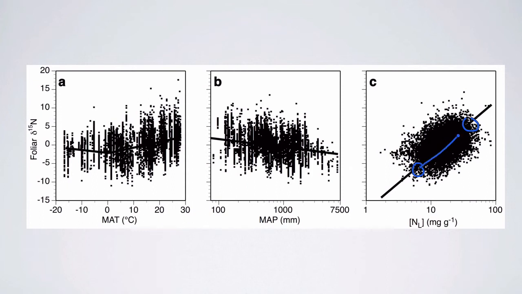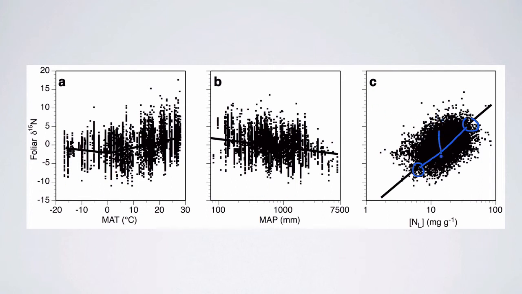What this means is that the nitrogen concentration of a plant is a pretty good indication, all other things equal, of availability. High nitrogen availability systems had high N concentrations and also high N15, and vice versa. Situations where you have low nitrogen availability generate plants with low nitrogen concentrations, and N15 is relatively depleted.